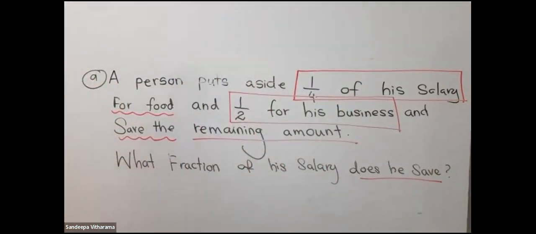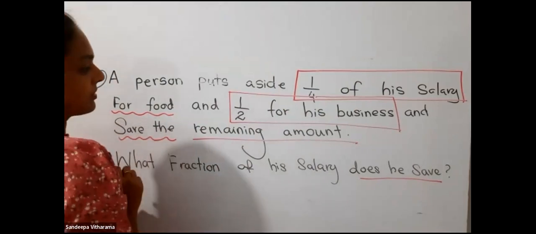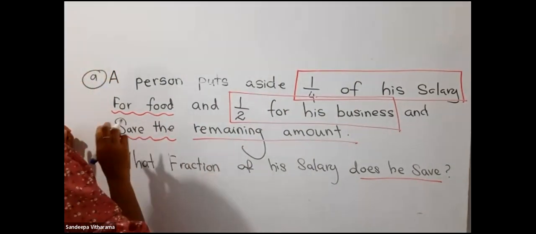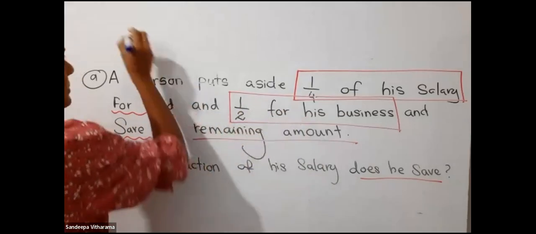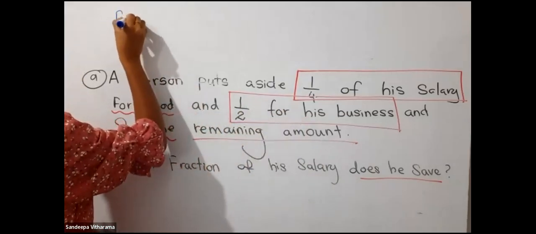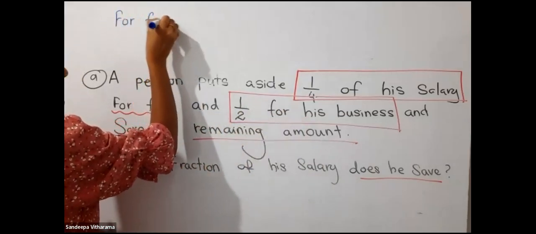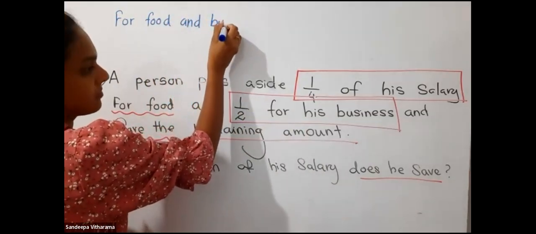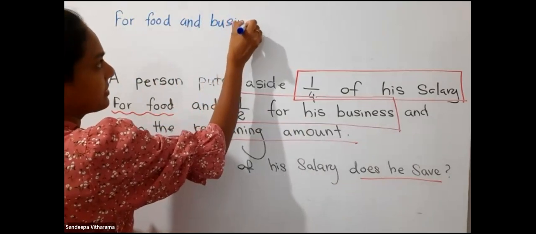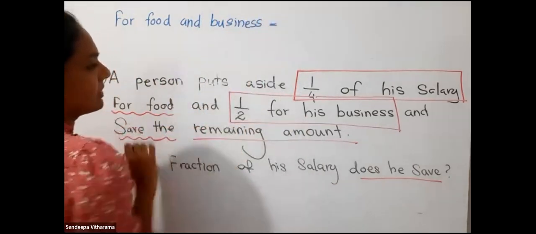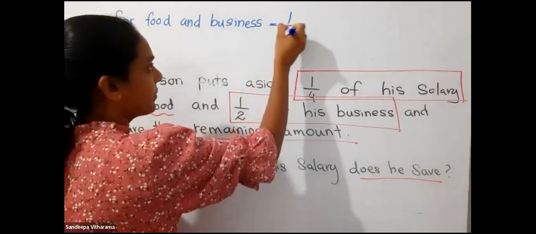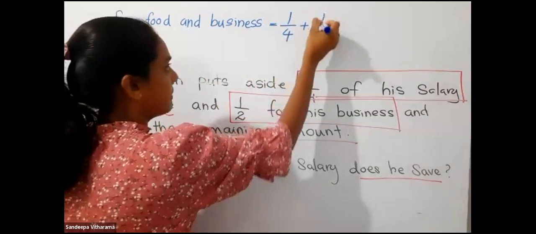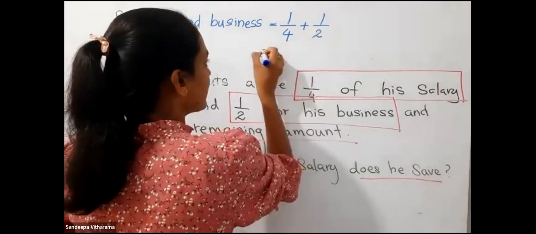First of all, let's find the amount he spent for his food and business. For food and business, it is equal to 1/4 added to 1/2.